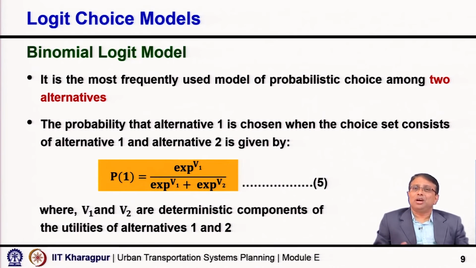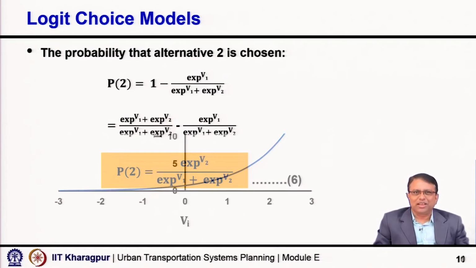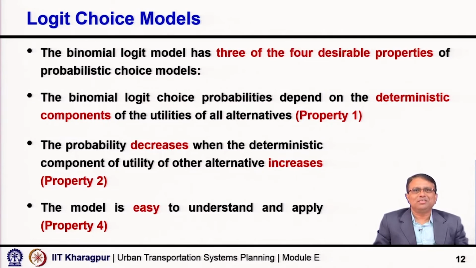But if the other alternative v2 increases, v1 does not change, v2 changes, what will happen? The probability of choosing 1 will decrease, right. So the second property is also satisfied.